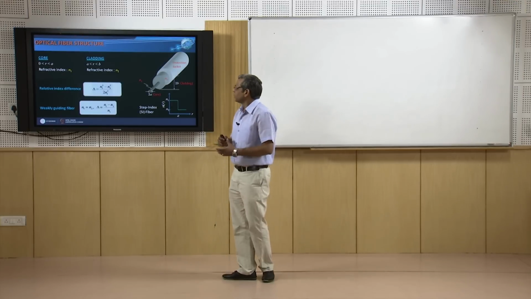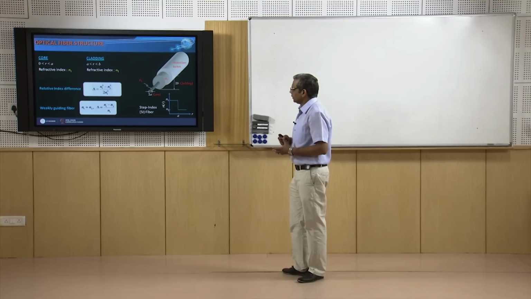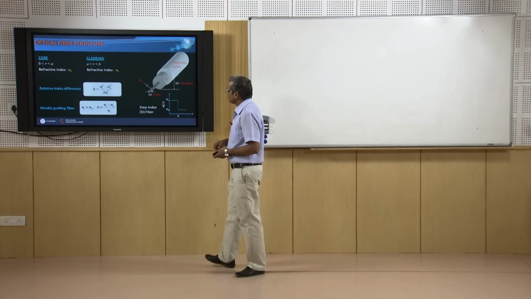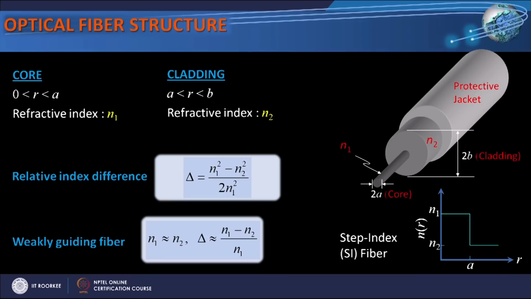So, let us first look at the structure of a typical optical fiber. This fiber has a high index core of refractive index n1 and radius a, which is surrounded by a cladding of refractive index n2 and radius b.